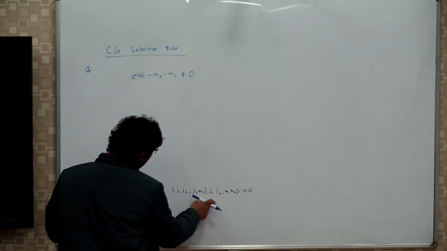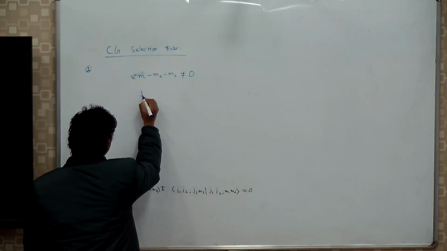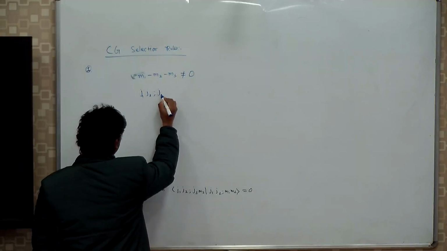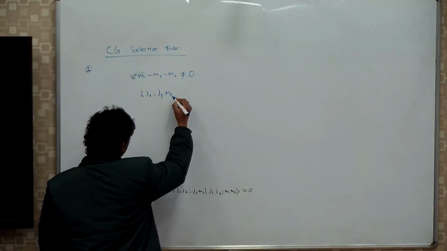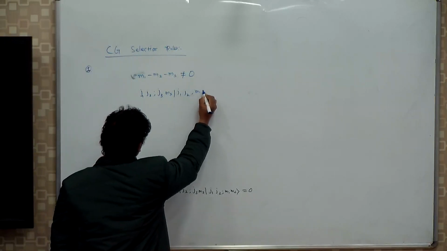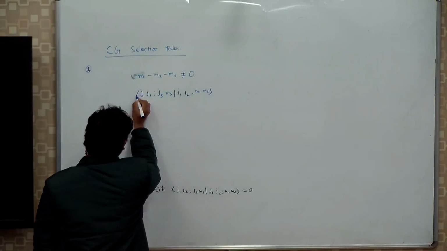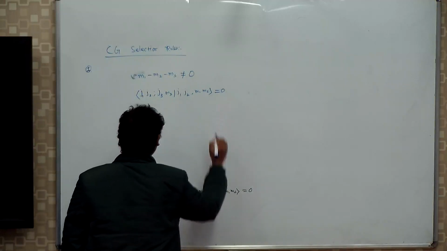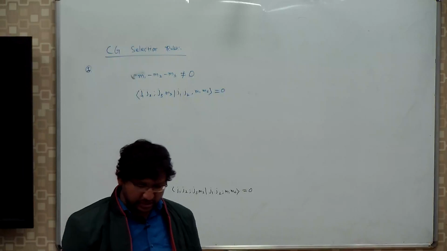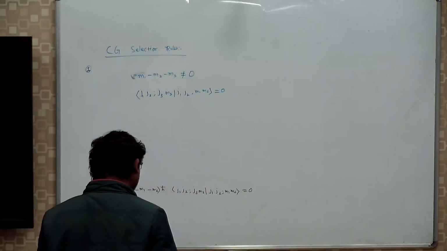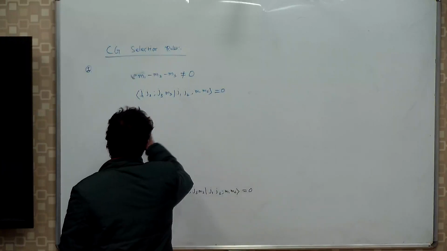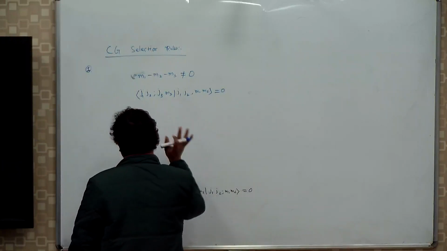If this is 0, then <J1 J2 J3 m3 | J1 J2 m1 m2> is equal to 0. So if the inner product between any two states is 0, that means it is an orthogonality condition. These two states are orthogonal to each other.